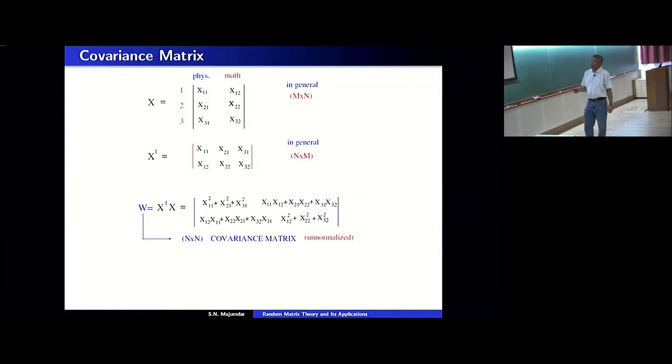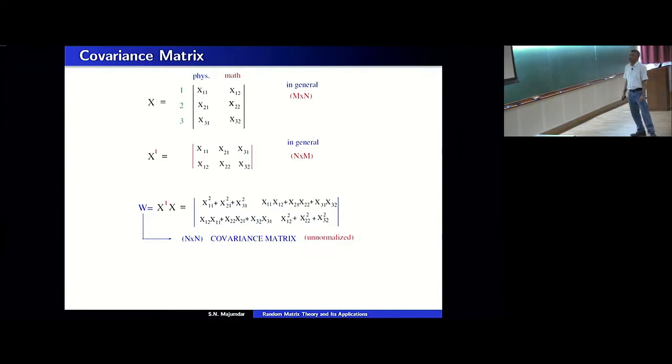And this is a table, 3 by 2, which is just the score of an exam, let's say. So somebody got X11 in physics, X12 in maths, student number 1. Student number 2 got X21, X22, X31, X32. So in general, it will be some M cross N rectangular matrix.